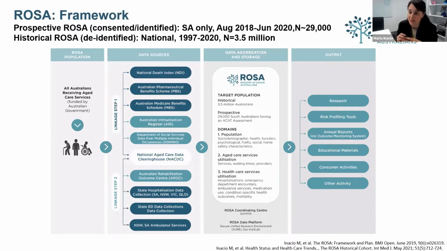Then we also create educational material and knowledge translation tools, available on our website, that summarize information from the studies that we've created. We also support a range of consumer activity information. We're really committed to public dissemination of the work that we do and making sure that the information is not just kept in silo in an academic environment. And then there are a lot of other activities as well.